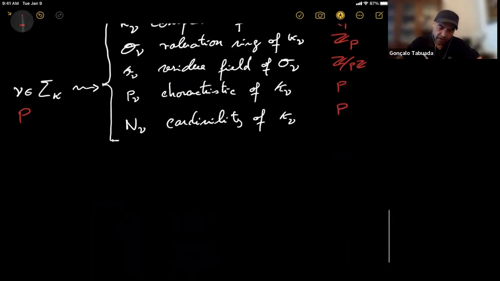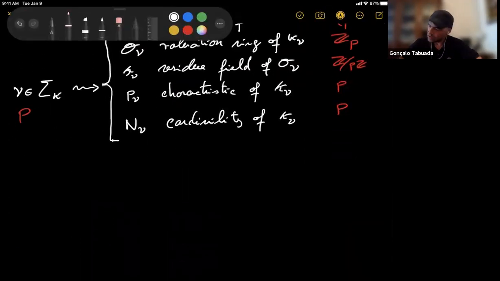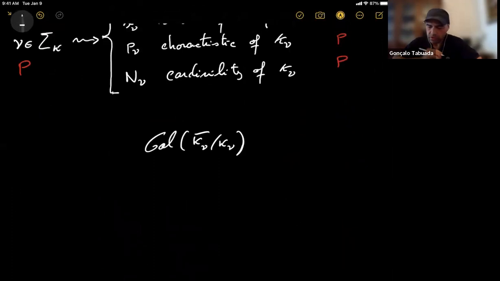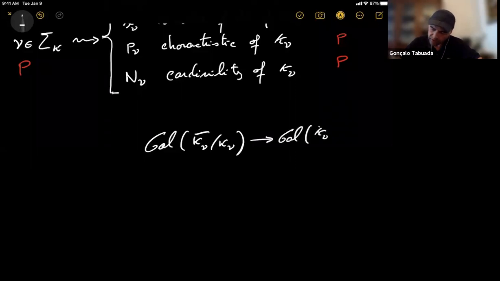And now, still a little bit of notation. You can look at the absolute Galois group of this completion, and this maps canonically to the absolute Galois group of the residue field.